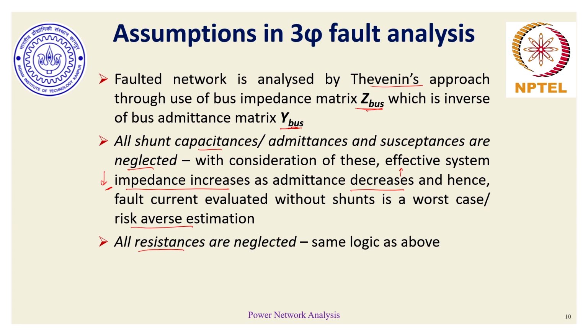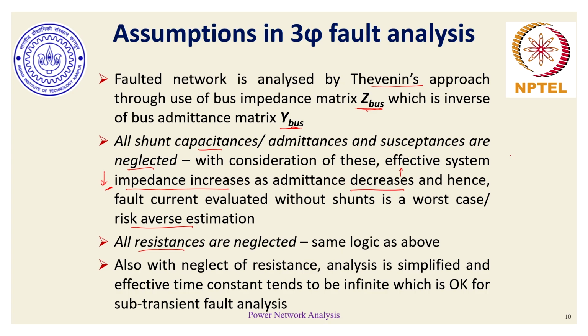Reason being the same. There is another logic behind why resistances can be ignored for safety purposes. If you recollect the definition of time constant that we had in the two previous lectures, the time constant in an RL inductive circuit was equal to L by R. So in a circuit, if we are ignoring the presence of resistance as indicated here as one of the assumptions in three-phase fault analysis, the overall time constant would tend to infinity, which would mean that the corresponding fault analysis that we are doing with negligible fault resistances, the subtransient period or decaying DC component would never ever die off.